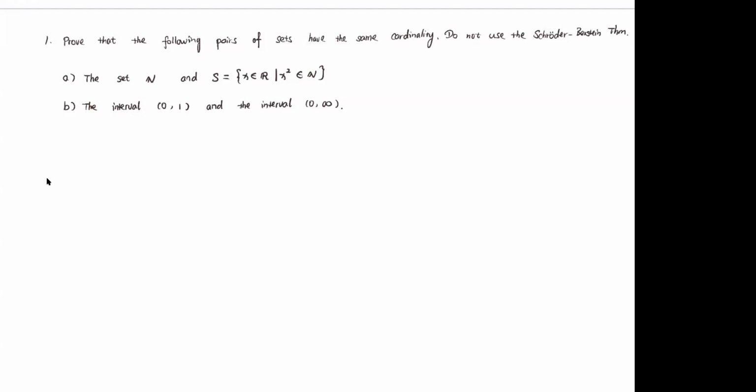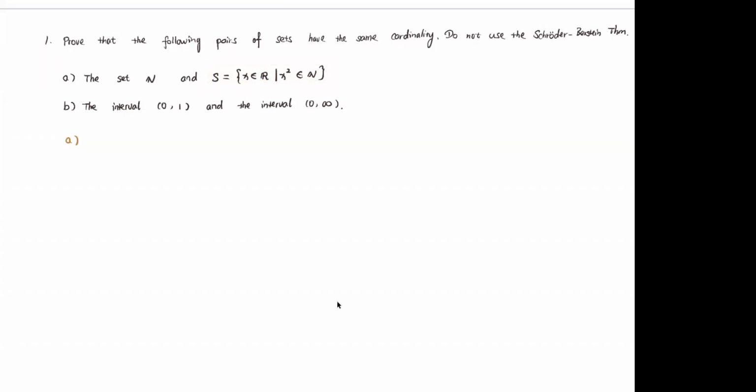Okay. Let's take it up. Yes, you're close or almost correct. So, what is your S? S is a real number such that x squared equals a natural number.